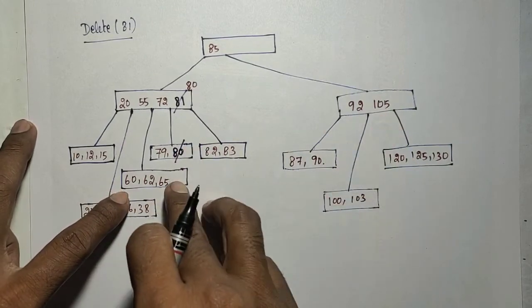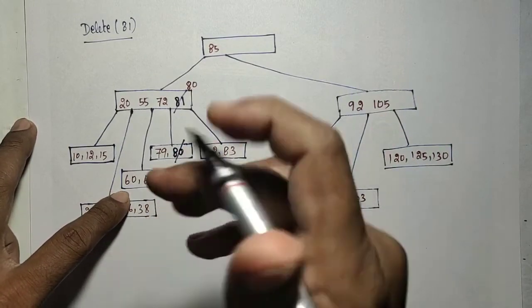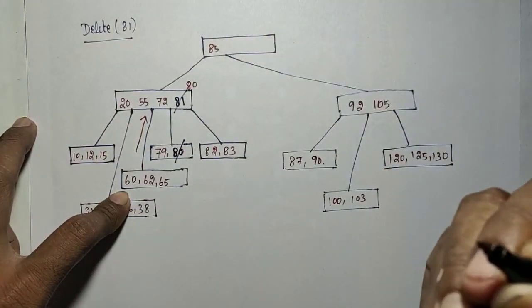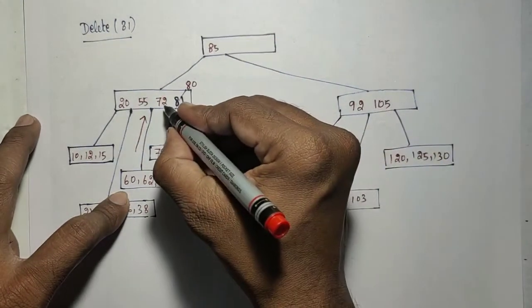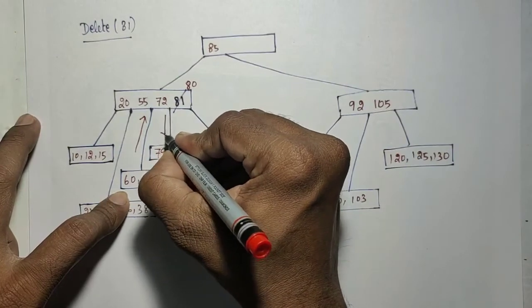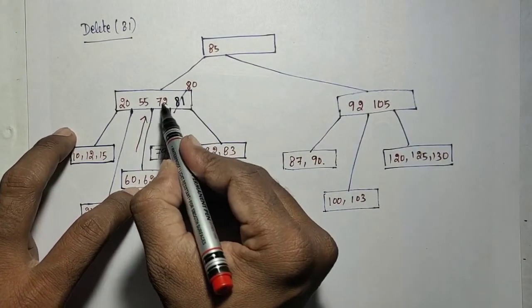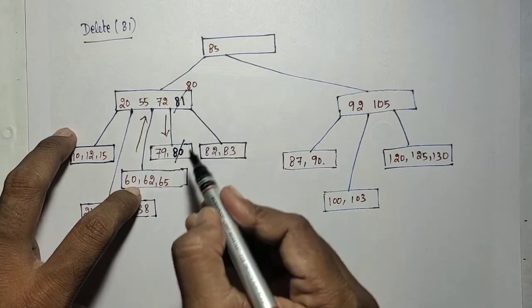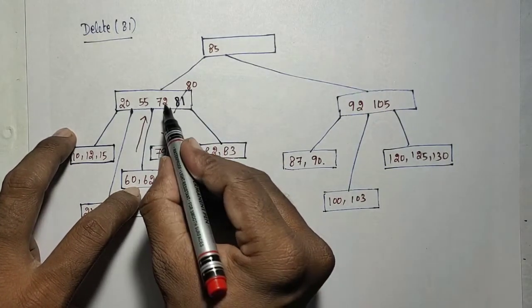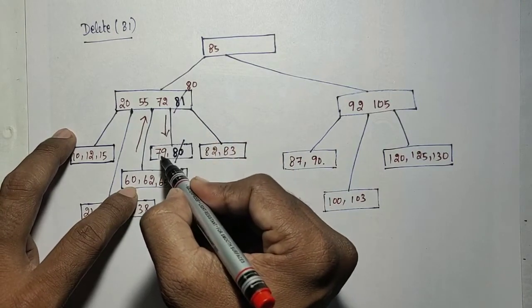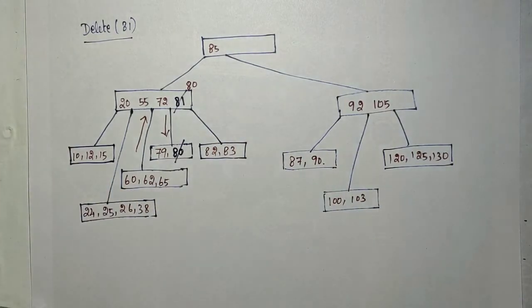So the element that will be moved is this 65, so 65 will get moved here, and the 72 will move down. So here 20, 55, 72 and 80; and in place of 72, 65. 72 is moved, so 72 and 79.